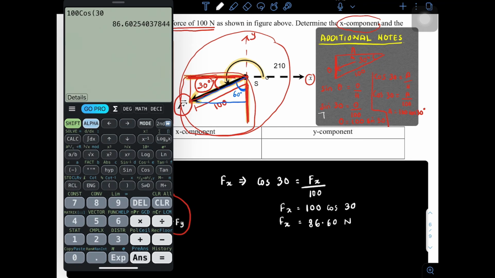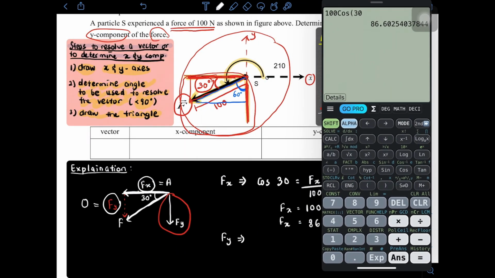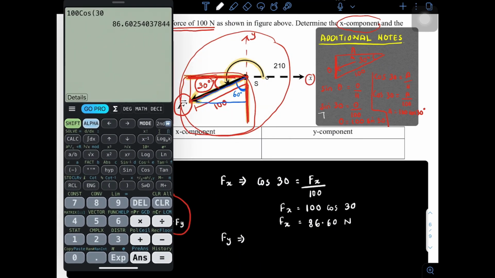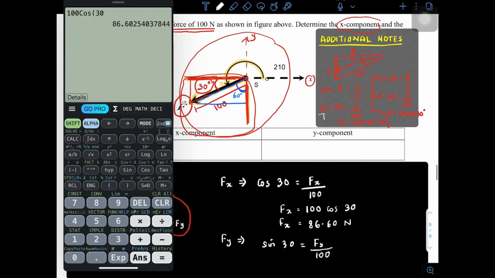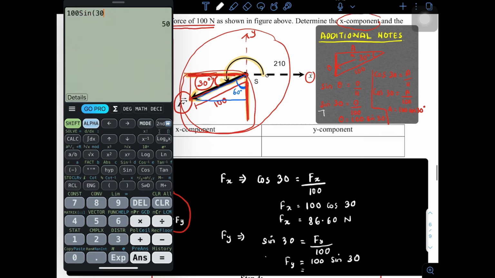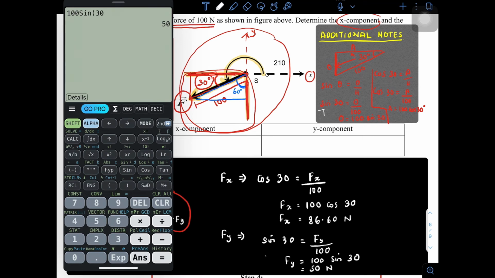For Fy, because the y component is opposite to the angle, we use sine 30 equals opposite Fy over 100. Rearranging, Fy equals 100 sine 30, which is 50. So you will get 50 Newton.